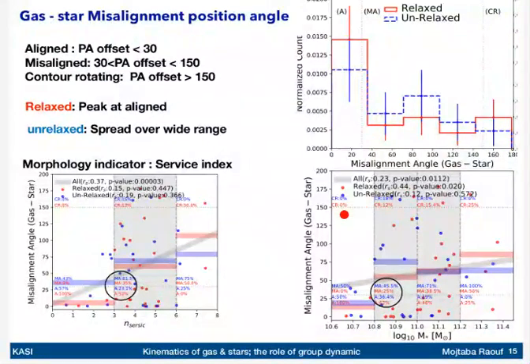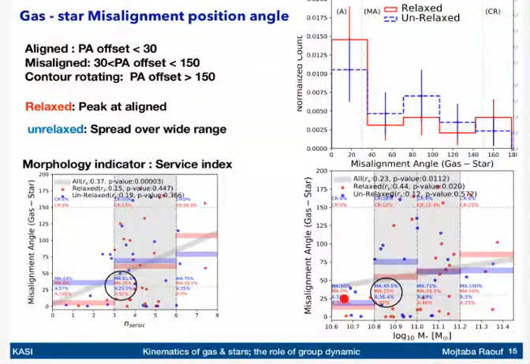And you can see the same regions for the stellar mass dependency of the misalignment angles. You can see in the regions where we have more reasonable statistics for comparison, more than 62% of the galaxies hosted by the relaxed systems are aligned, compared to less for the unrelaxed BGGs.